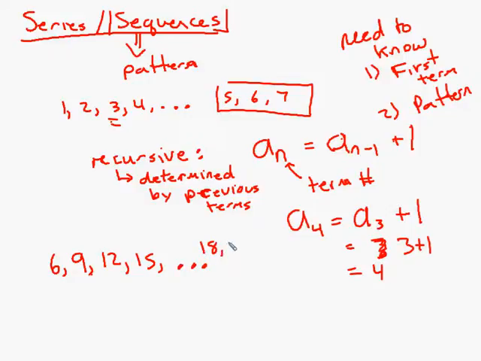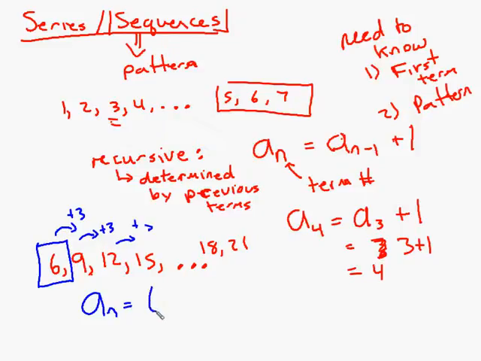What would come next after that? All right, so what's our first term? Well, our first term is this 6. You with me? And how am I getting each next term? Well, I'm adding 3, right? So our recursive formula is going to be a sub n equals our first term, in this case 6.